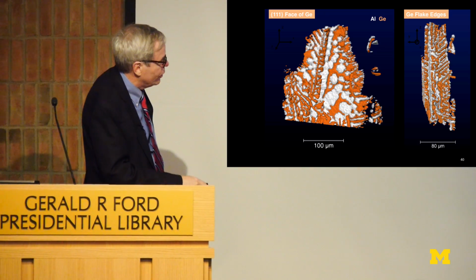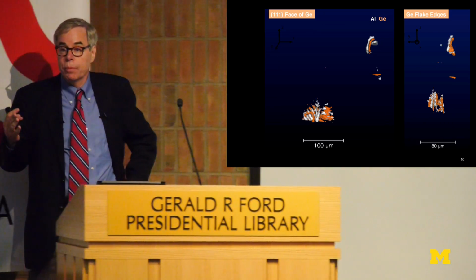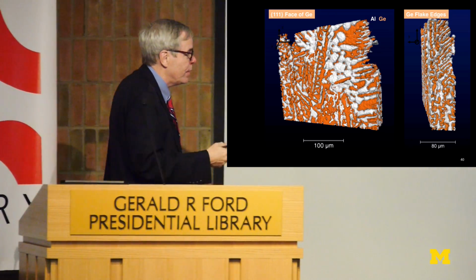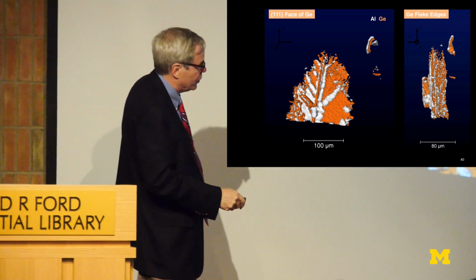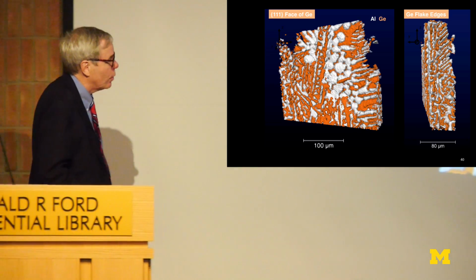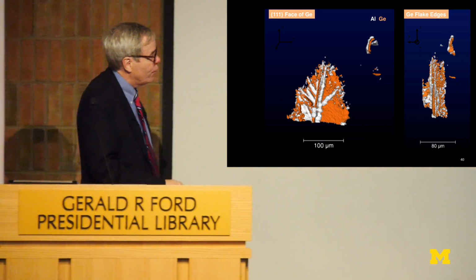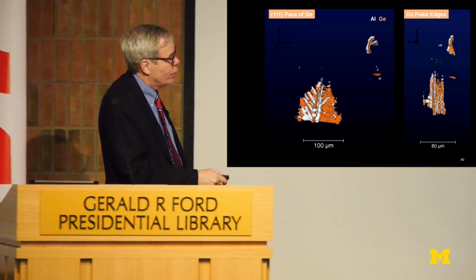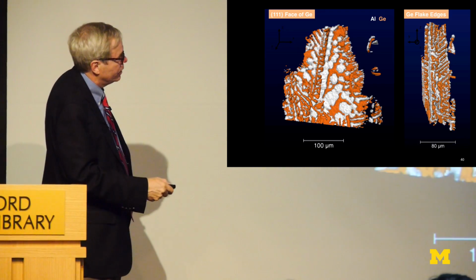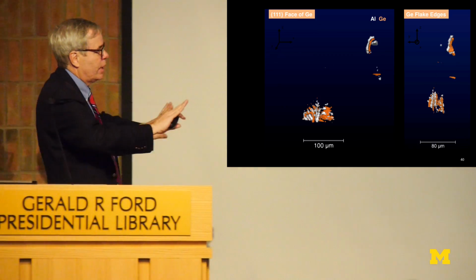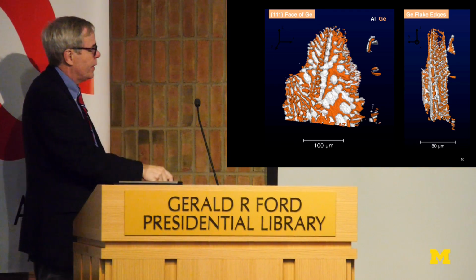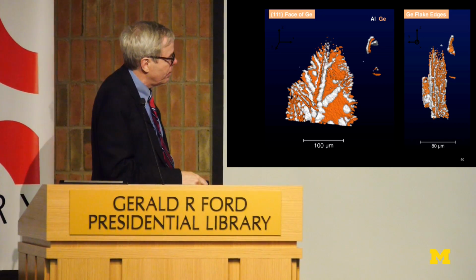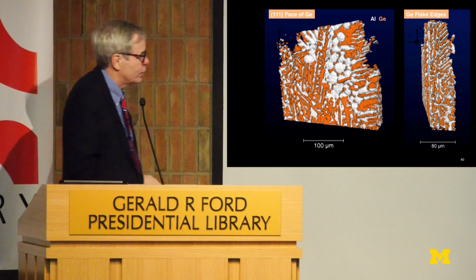This plane here is a 1-1-1 slow growth plane of germanium, just like the 1-1-1 slow growth plane of silicon is doing precisely the same thing. It's very hard to create steps on the surfaces of the germanium, so it grows very slowly. And therefore, you have this very highly anisotropic growth process where the width doesn't change very much, but it grows very fast in the other direction along the rim here. So this is aluminum. The white's aluminum, and the orange is germanium.